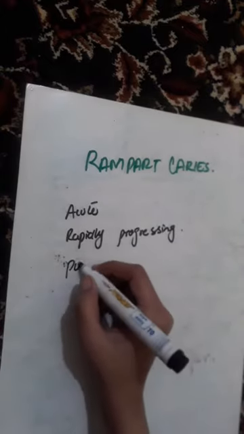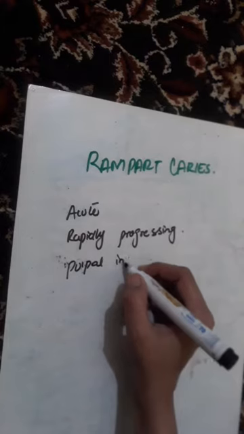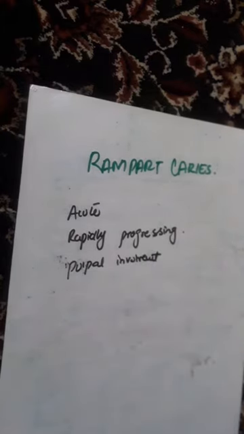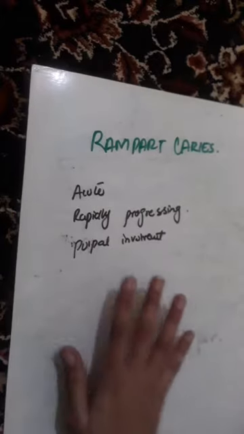It affects the pulp, so pulpal involvement is seen. Now this is for the rampant caries.